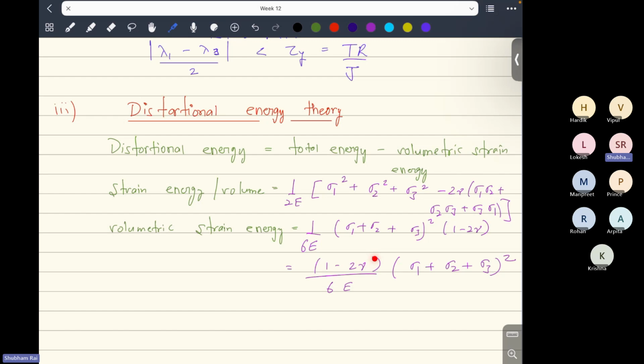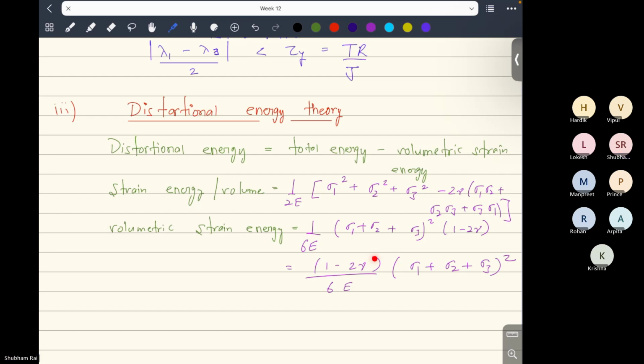From this volumetric strain energy formula, you can also see that this Poisson ratio can have negative values as well. So can you imagine a material where Poisson ratio is negative, meaning you are stretching a material and the transverse side of the material is also getting extended?